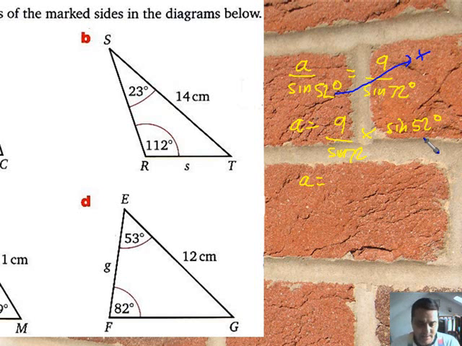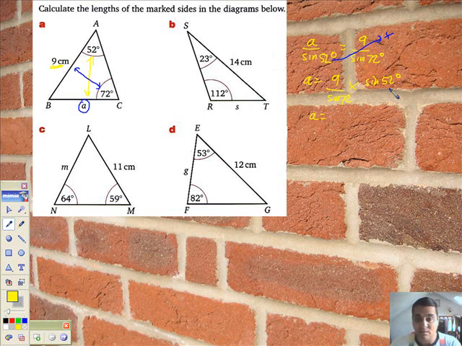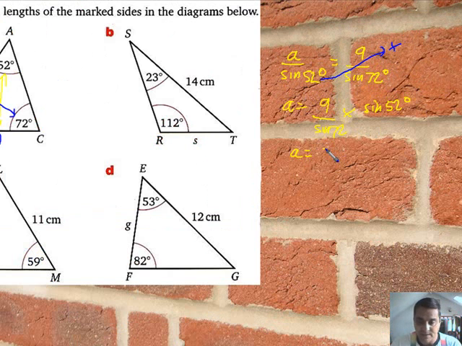Let's jump straight in. 9 divided by sine 72 times sine 52, and I've got an answer of 7.45. In fact, it's 7.46 to 2 decimal places, and that's measured in centimeters. That's all there is to it.